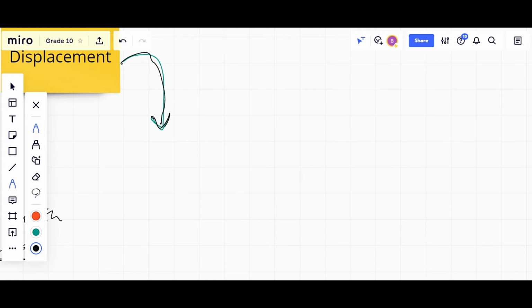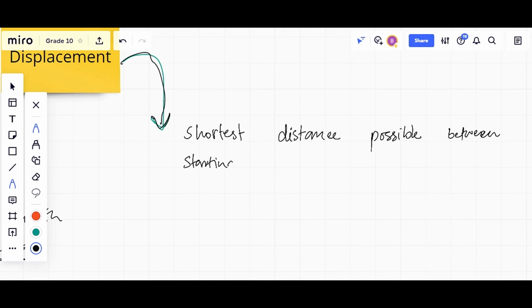Now displacement can be easily defined as the shortest distance possible between the starting and ending of your journey.